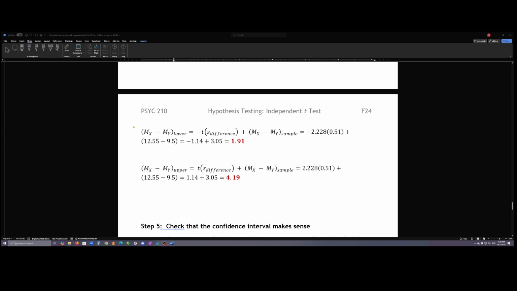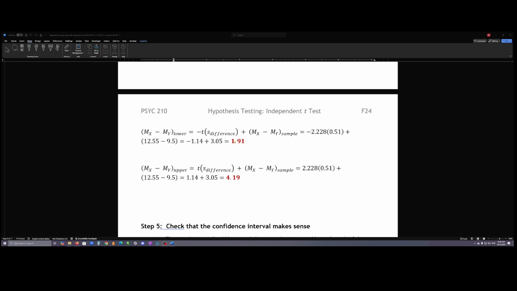So, lower bound, we plug those values in. And of course, the difference between the formulas for the lower bound versus the upper bound of this confidence interval is that negative versus positive t value. So we have the negative one here for the lower end, and we have the positive version up here.